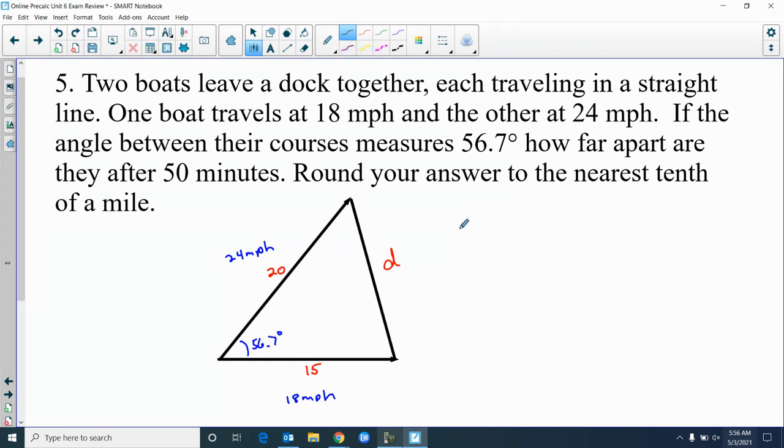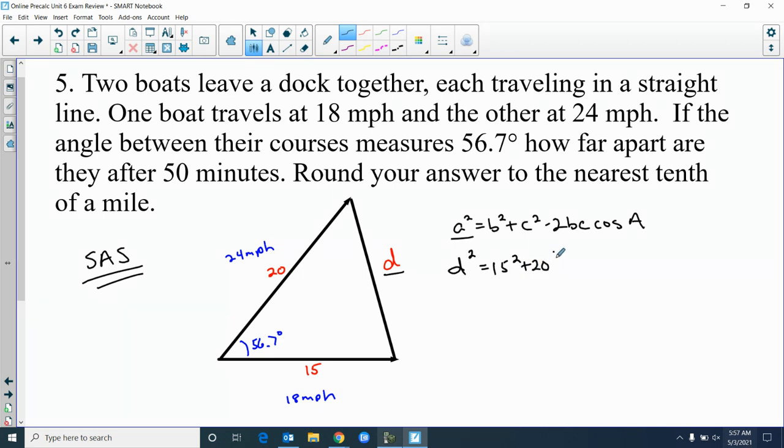So using the law of cosines, which is a squared equals b squared plus c squared minus 2bc cosine of angle A. It's whatever side we're looking for and the angle across from it, and then your other two sides go here. Law of cosines for side-angle-side cases. So d squared equals 15 squared plus 20 squared minus 2 times 15 times 20 cosine 56.7 degrees.